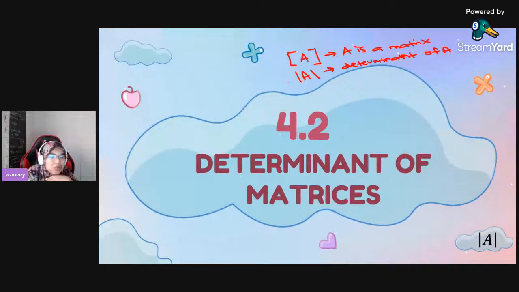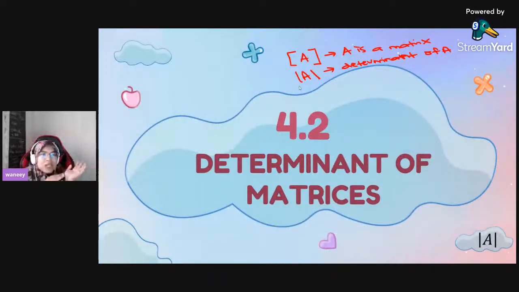So make sure jangan tertukar lah. Kalau kata determinant, mesti kena pakai garis yang panjang macam tu. Kalau you are talking about matrix, then it should be a simple bracket. So simple brackets are for matrix. If you have those lines, those are for determinant.